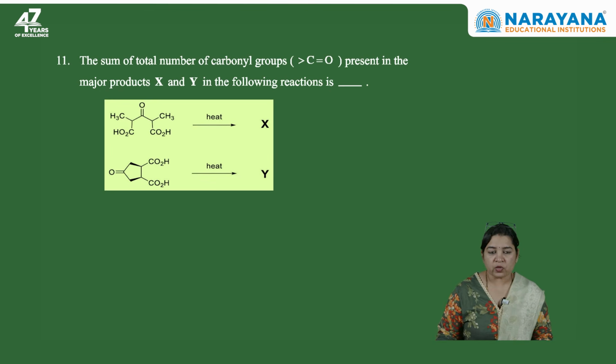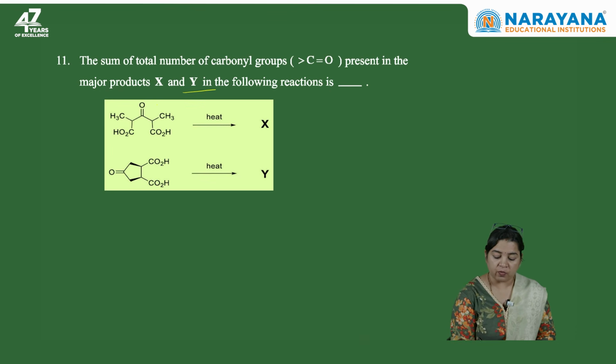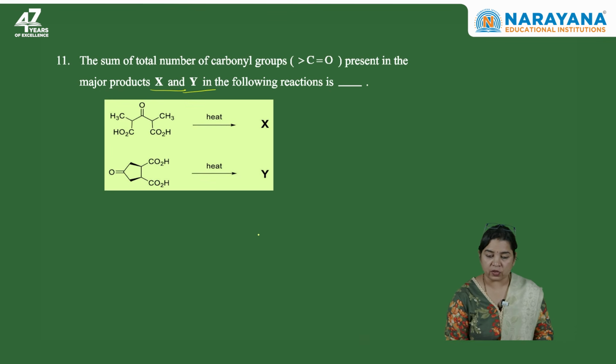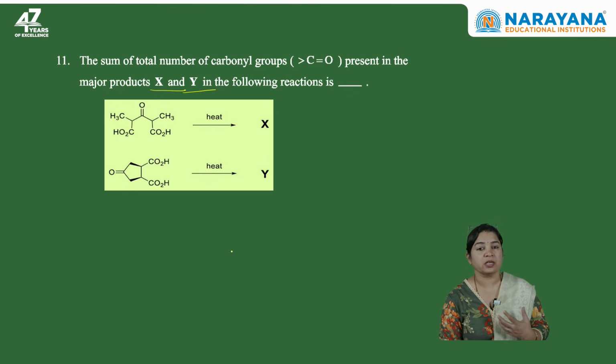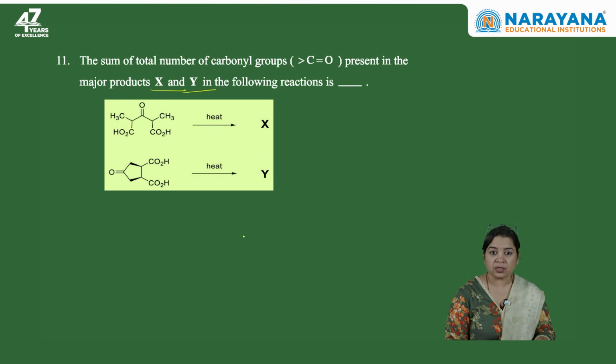So the next question: the sum of total number of carbonyl groups present in the major products X and Y in the following reaction is. Now regarding carbonyl, a lot of people are confused whether we should take carbonyl only to be aldehyde and ketone, but NCERT has clearly mentioned that a carbonyl group is a C double bond O group. When it is connected to H, then aldehyde.